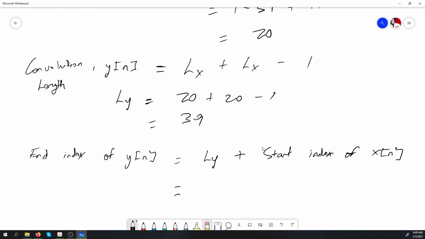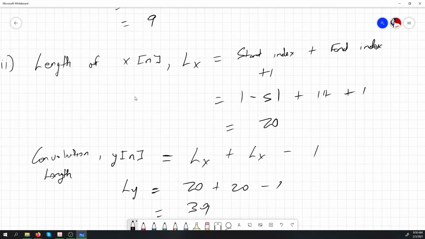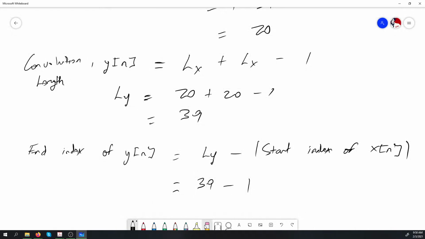Well, typically we say it's going to be L of y minus the magnitude of the start index of x of n. That's going to be 39 minus the magnitude of our start index of, sorry, not of x of n, my mistake. This is going to be the start index of y of n, because we've calculated the index of y of n.